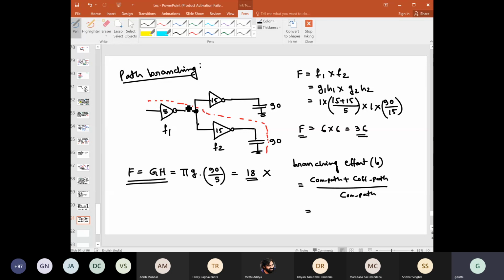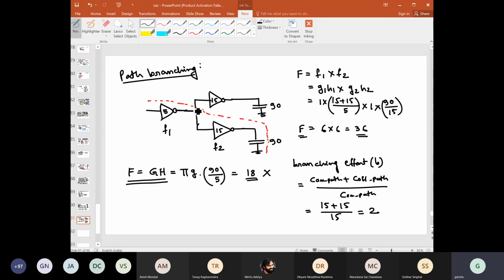When you are considering this path, the load on the path is 15. Plus the off path: in this path you are not considering it, but it is also driving this, so it is another 15, divided by the on path, 15. So here the branching effort is 2, right?